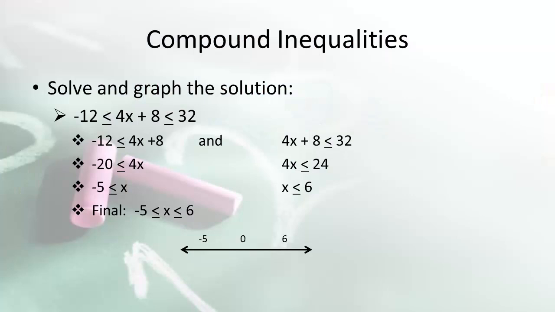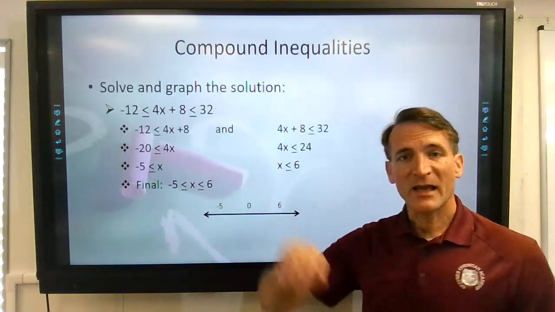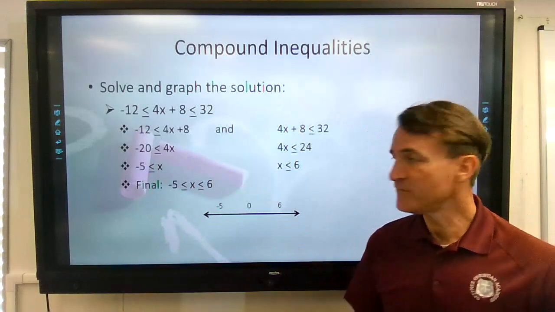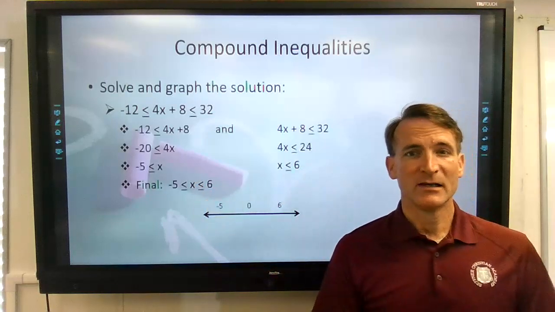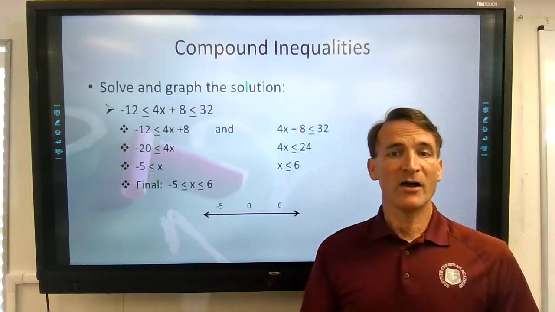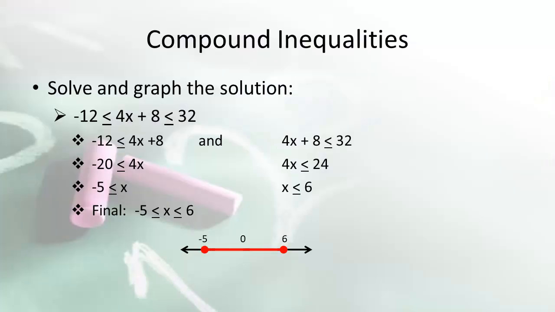I'll put a 0 in between those 2 values. Do I need a circle or a dot at negative 5? I should have a dot at negative 5. Do I have a circle or a dot at 6? I should have a dot at 6. And then all the values in between those 2 is indeed going to be my final answer.